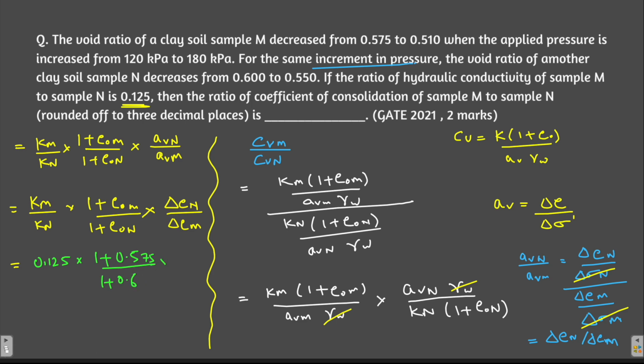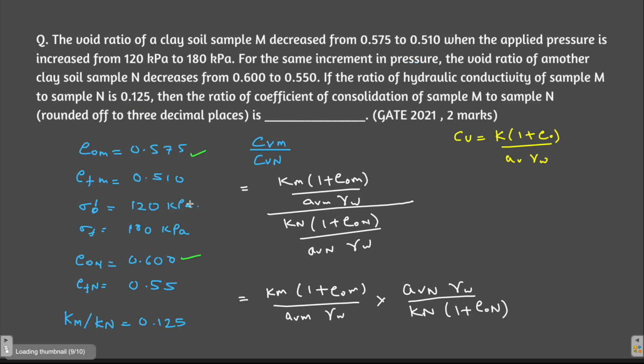Now what is delta en? Delta en is the difference between these two, 0.6 minus 0.55. So let me just calculate here. 0.6 minus 0.55 will give you delta en, that is 0.05, right? And similarly, what is delta em? It is 0.575 minus 0.510, right?